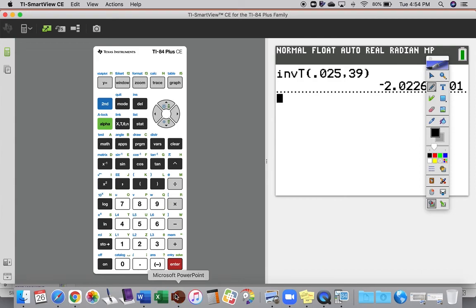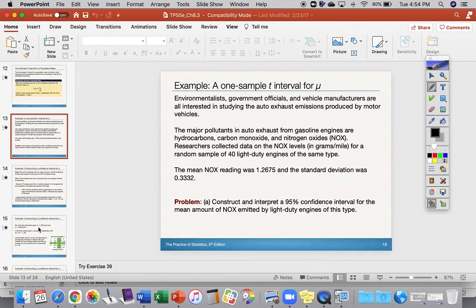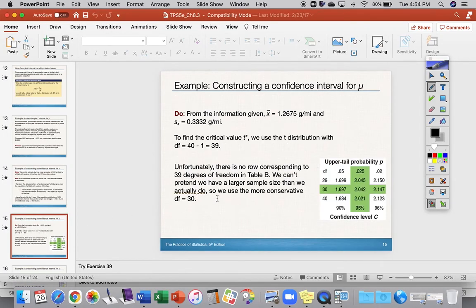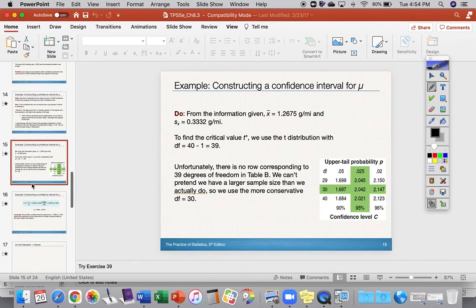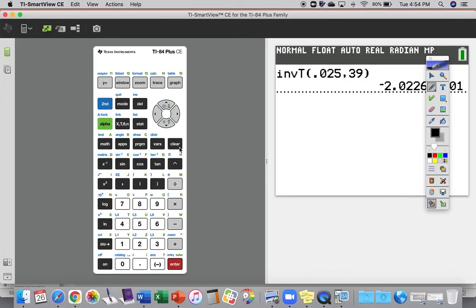Sure, it will. But do I need that? We'll see. The book tells you 2.02. It might even be a little bit different. Yeah, they're saying 2.04, 2.02, same thing. But what I wanted to tell you is you don't need that. Clear it out. Let's see what we do need.